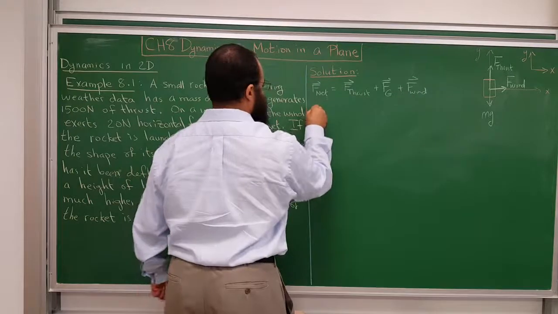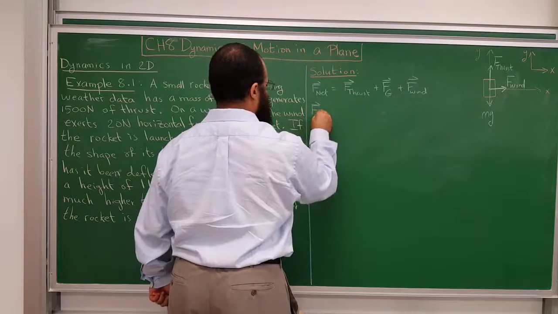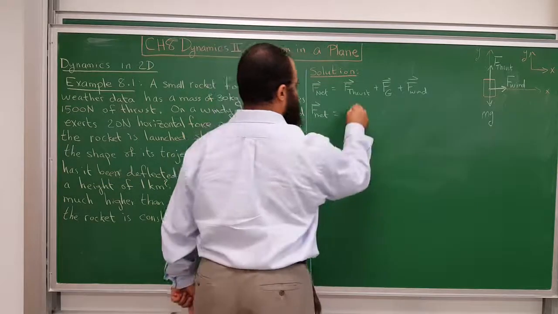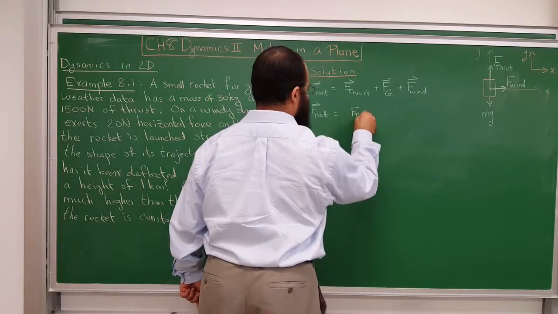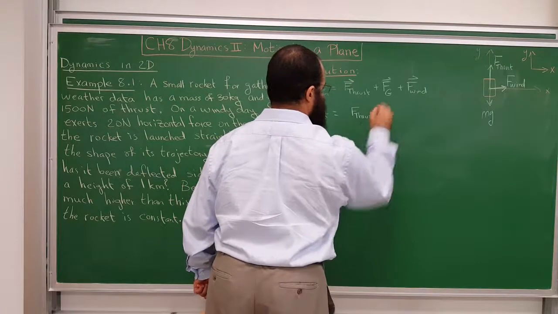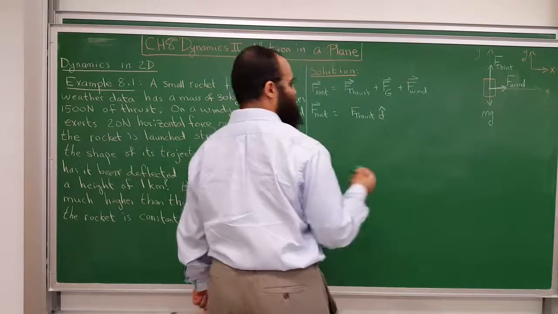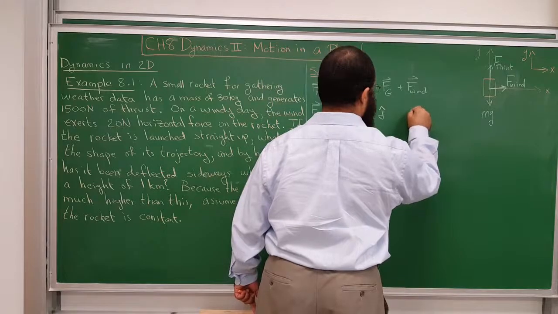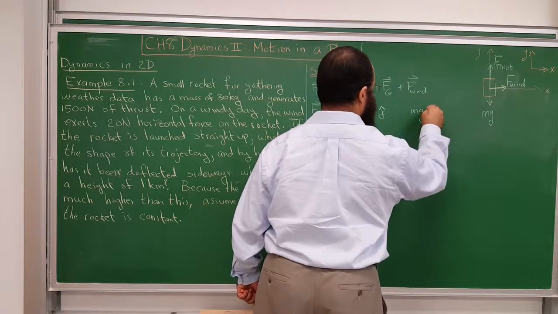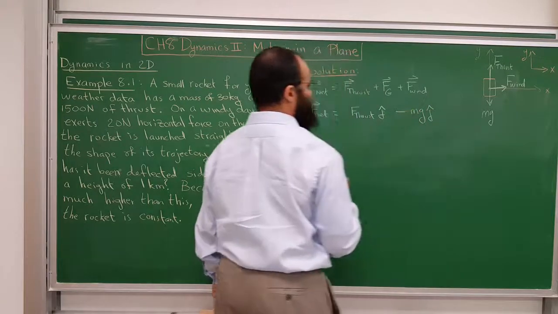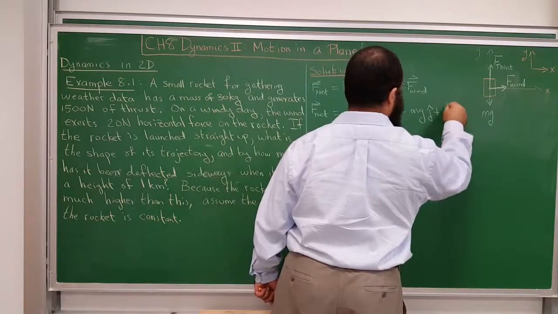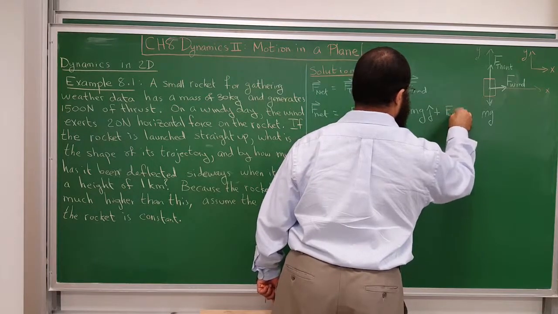Okay, so the net force is, the force of the thrust is in the y direction, so it is the force of the thrust, that's the magnitude. The direction is in the positive y direction, so you put j hat. The force of gravity has a magnitude of mg. It's directed downward in the y direction, so it's in the j hat direction, and it's downward, so there is a minus sign. The force of the wind is in the x direction. It has a magnitude F wind.